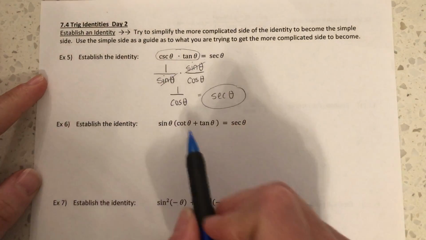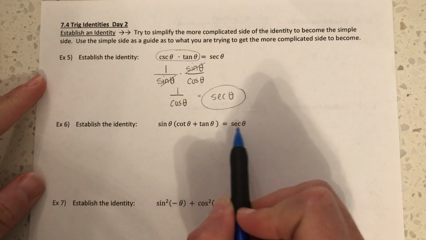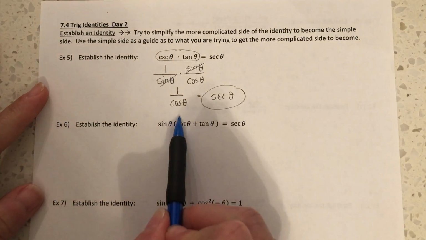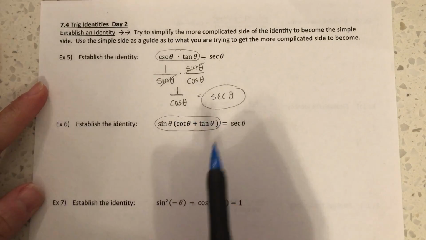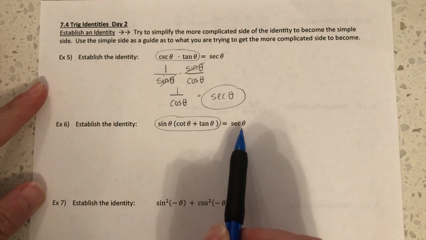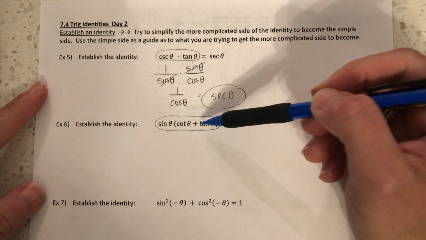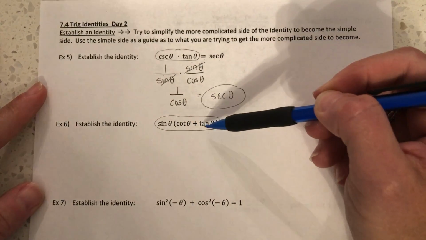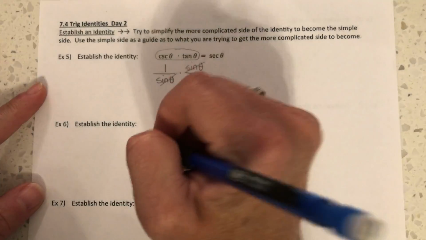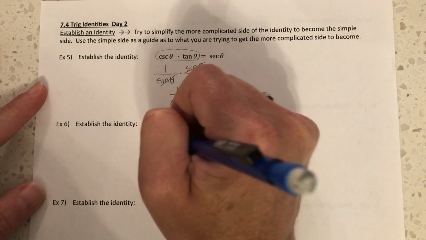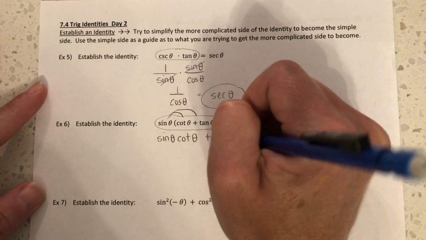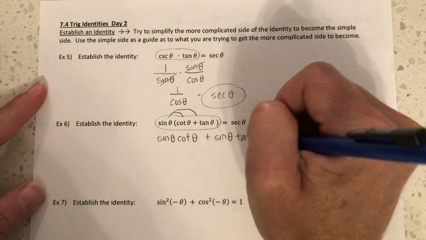Establish the identity that this equals the secant of angle theta. All right, so again, this is the more complicated side, so we're going to try and get this to simplify down and become secant theta. All right, so you have a couple options. Could you start writing things in terms of sines and cosines right away? Sure. I'm going to distribute first, and then I'll start rewriting. So I'm going to get sine theta times cotangent theta plus sine theta times tangent theta.